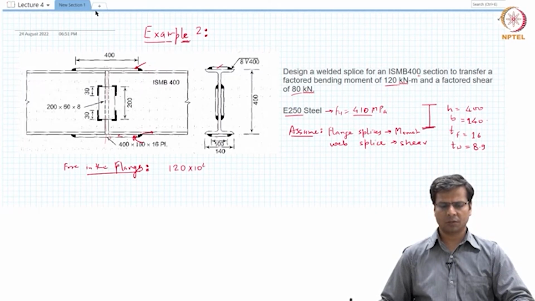So 120 kilonewton meter is the moment. Converting that to Newton millimeters, we will multiply with 10 to the power 6. This is the moment divided by the lever arm, and for the lever arm we will take the distance from the center of the flange to the center of the flange.